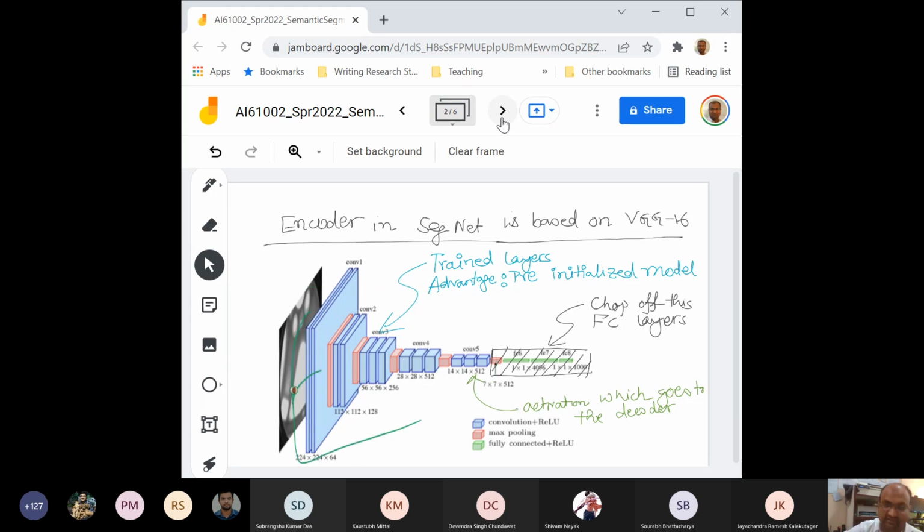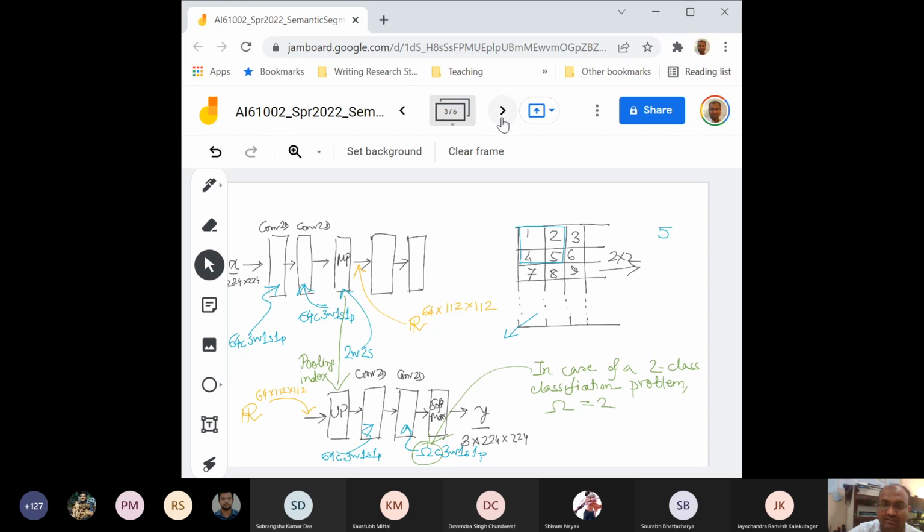So this is a VGG16 equivalent definition. These are my first two layers of VGG16, which have these kind of convolution operations. Corresponding to this will be this layer, and corresponding to this will be this layer. The only difference is that because this is the terminal layer, the number of channels it needs to generate is equal to the number of classes which will be present.